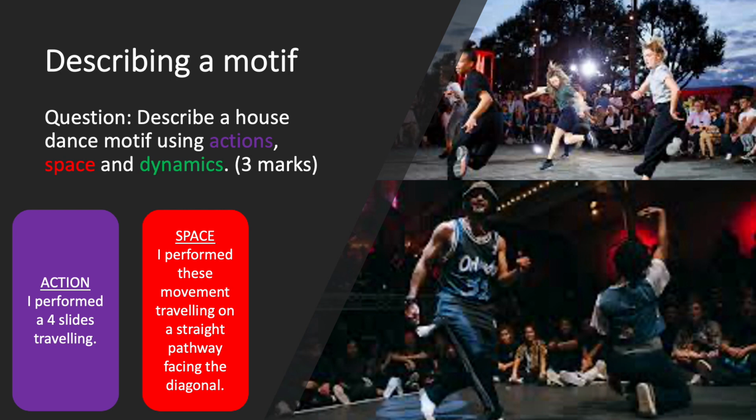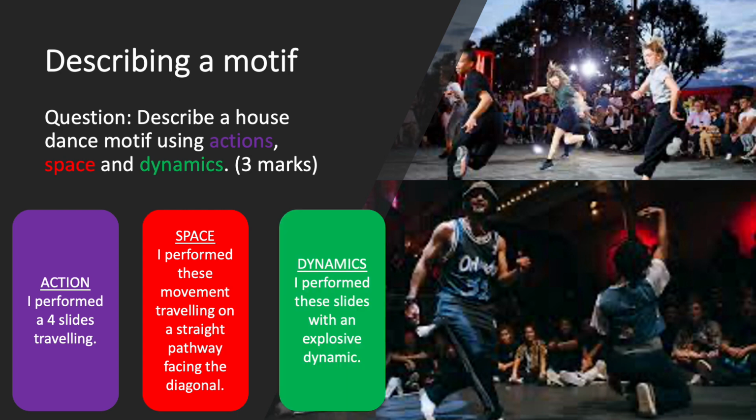So I'm telling you very clearly that I'm on a straight pathway, but I'm going straight towards the diagonal. And onto my dynamics, we have I perform these slides with an explosive dynamic. So if we put those 3 sentences together, that is a short movement phrase that includes action, space and dynamic. So I would receive the 3 marks there.